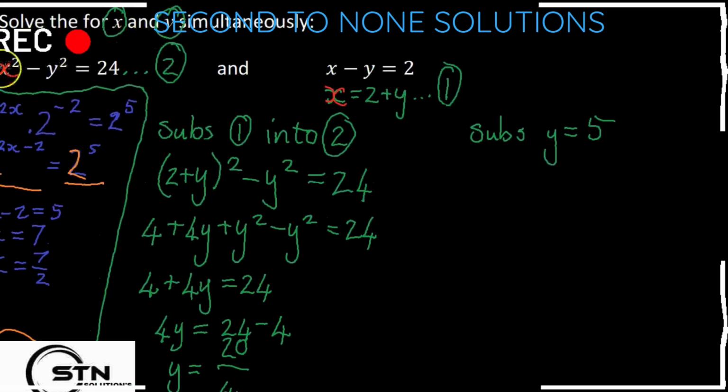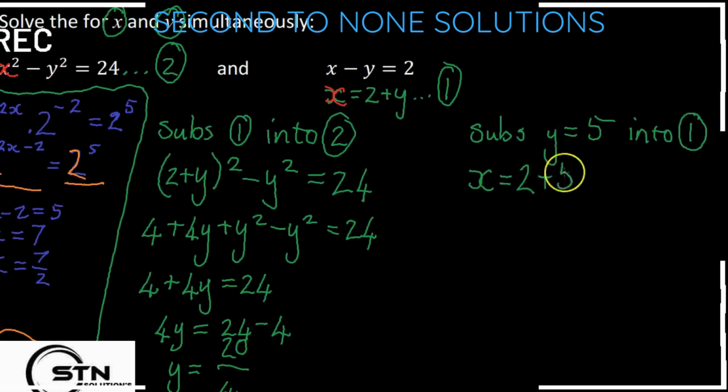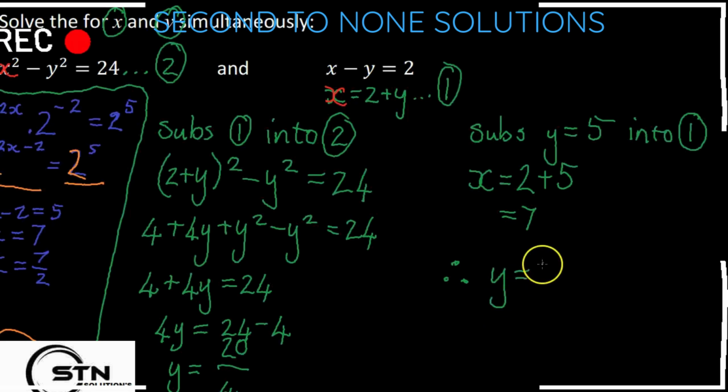So we could either choose equation 2, or we could choose equation 1, and I'm sure you agree with me that equation 1 is far easier. So x is equals to 2 plus 5, which means it's equals to 7. So therefore, my final answer is y is equals to 5, and x is equals to 7.